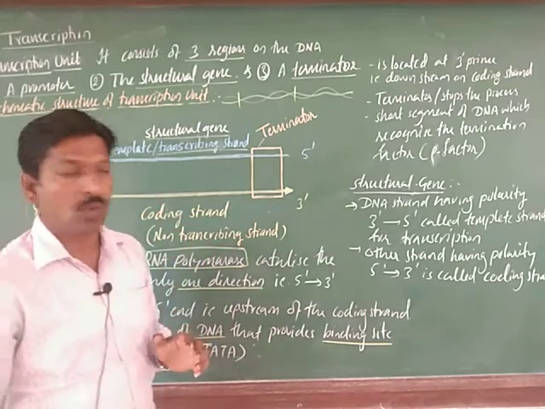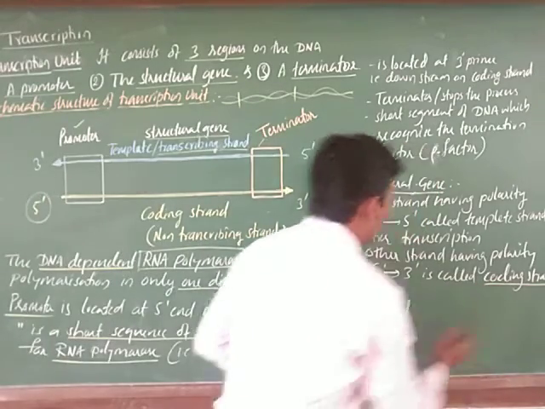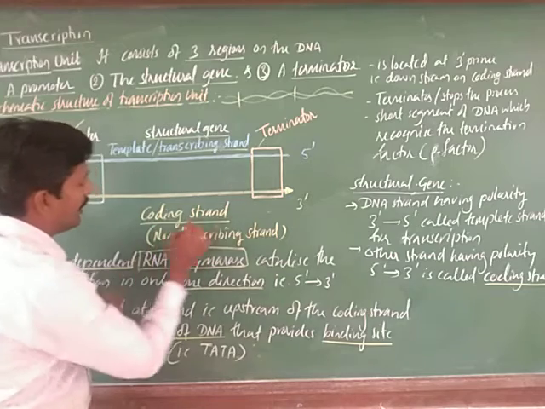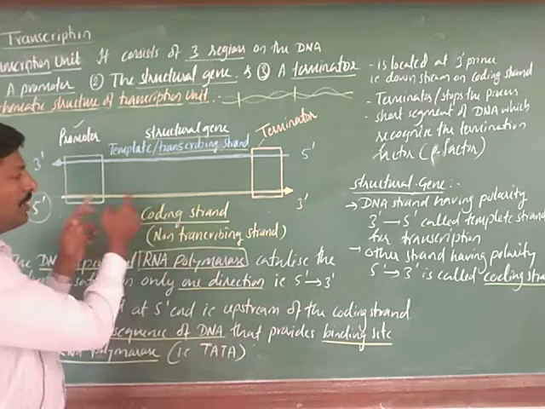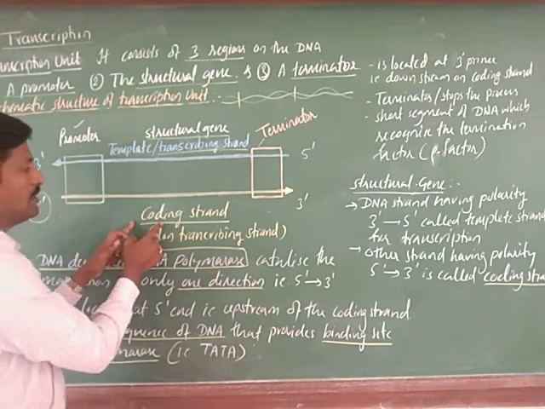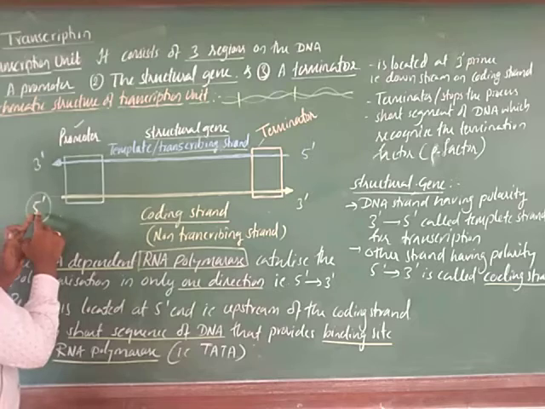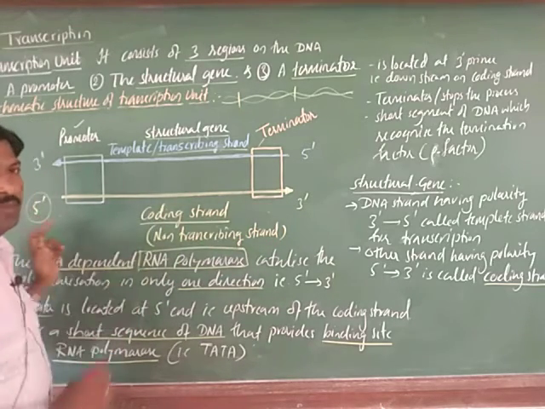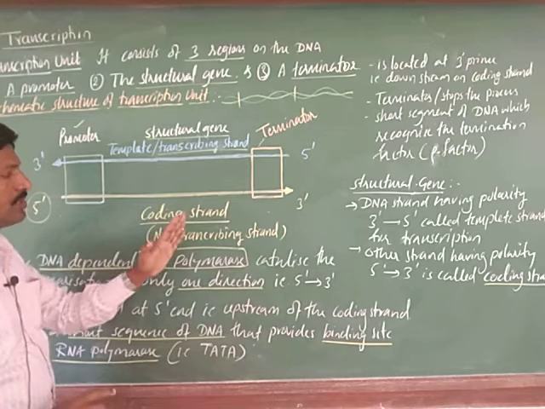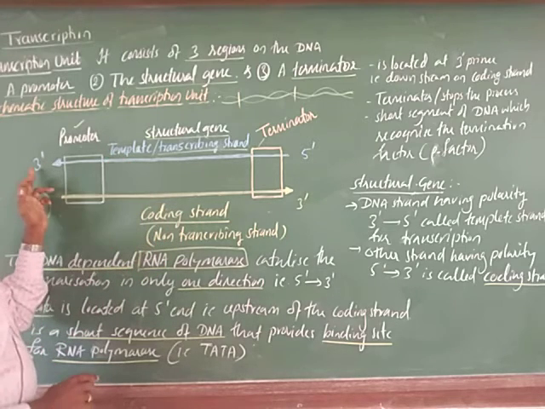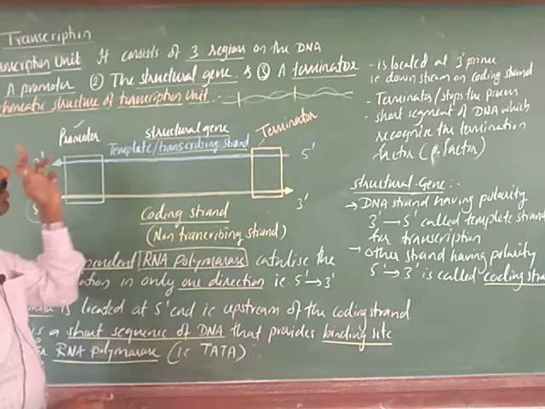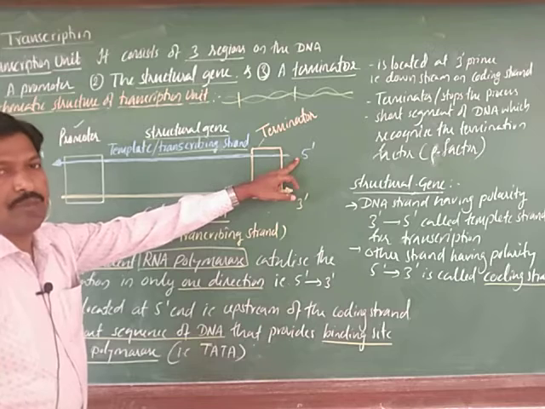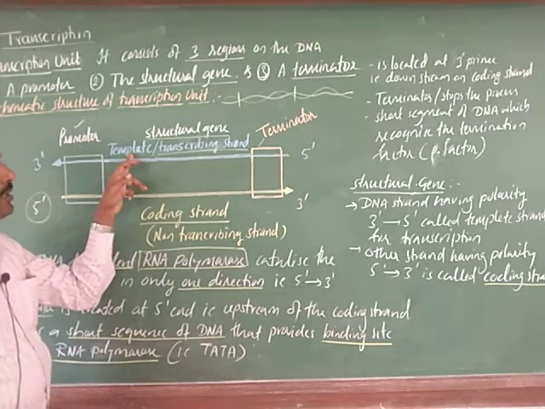That is called the coding strand. This is the coding strand I have mentioned here. You remember, the coding strand has the polarity from 5' to 3', and the template strand has the polarity 3' to 5'.